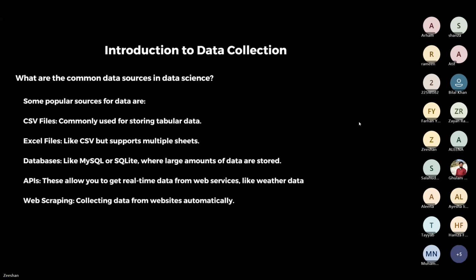Even when you are accessing data from your database with the help of MySQL or SQLite, that also comes under dynamic data. APIs allow you to get real-time data from web services like weather data. Web scraping: collecting data from websites automatically.